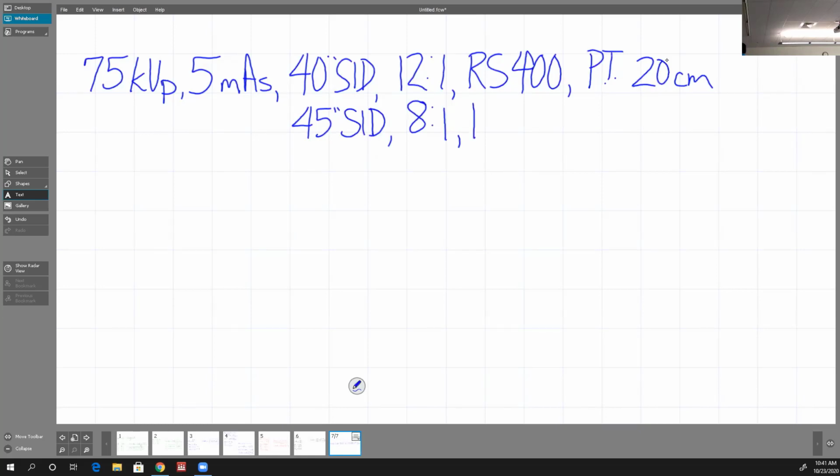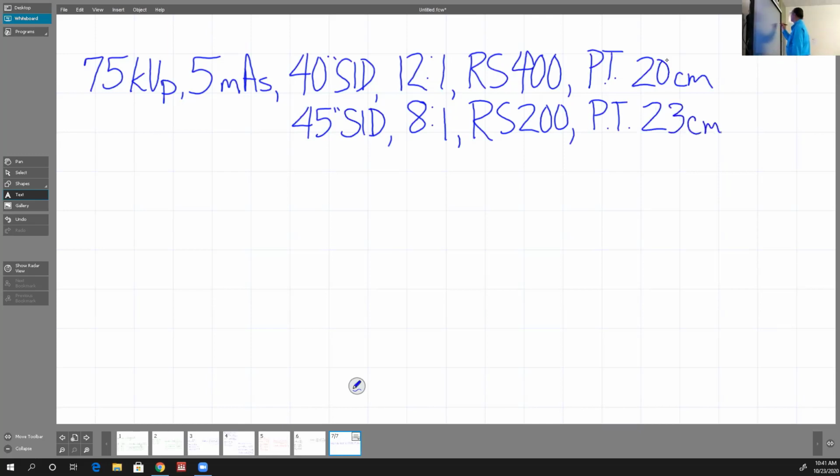I use CR, it's an RS 200. And part thickness is 23 cm. And then we have a wet plaster cast.